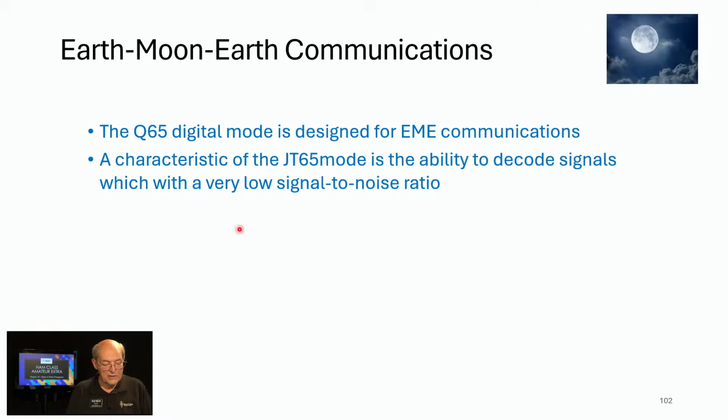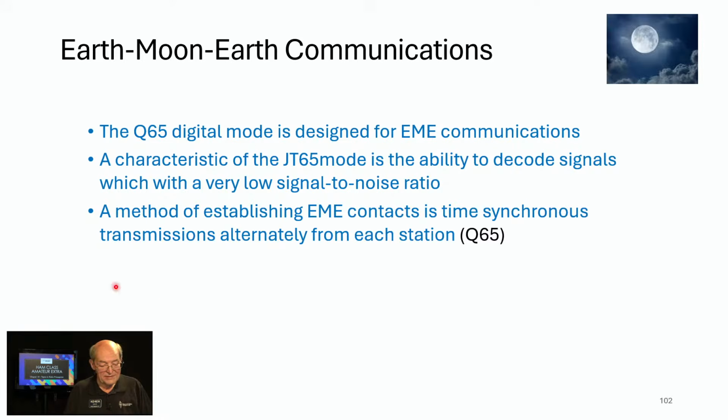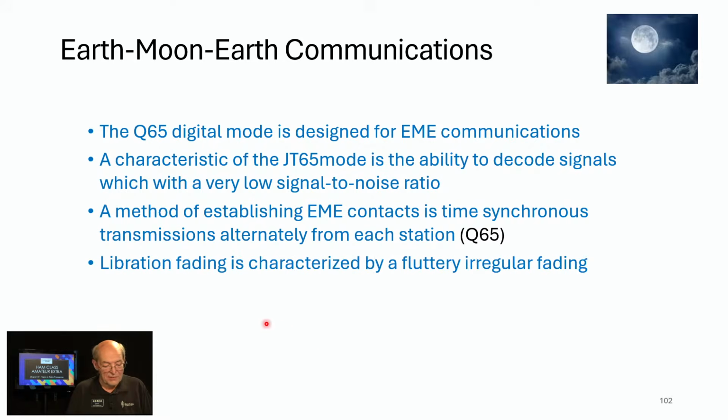A characteristic, and there's still a poll question on it, a characteristic of the JT65 mode is the ability to decode signals which are very low signal to noise. We use time synchronous transmissions. I transmit for a certain number of seconds, then you transmit. That's how Q65 works. Libration fading is characterized by a fluttery, irregular fading.